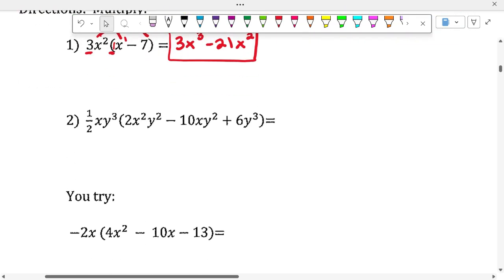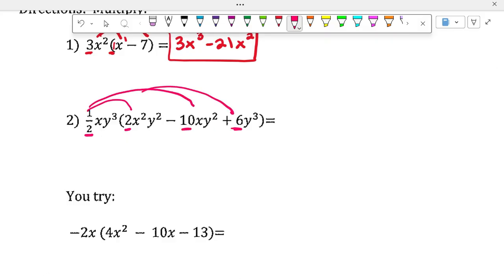Now, this next one. So let's do this a piece at a time. All right. So let's start by distributing the coefficients to each other. So remember, if you're multiplying by 1/2, that's the same thing as doing what?